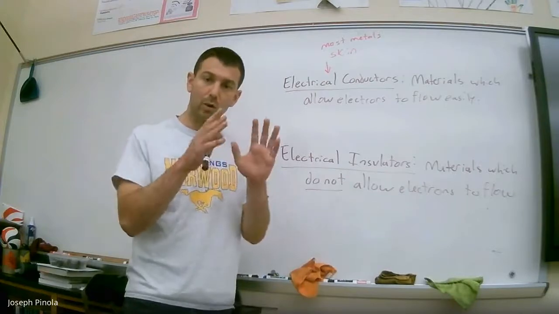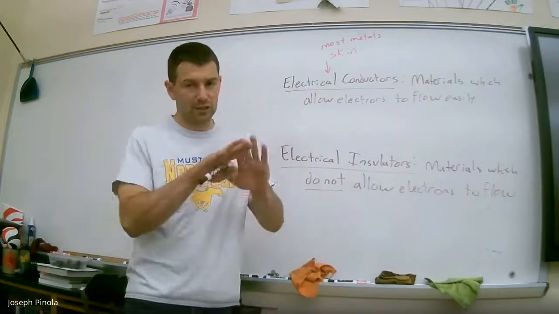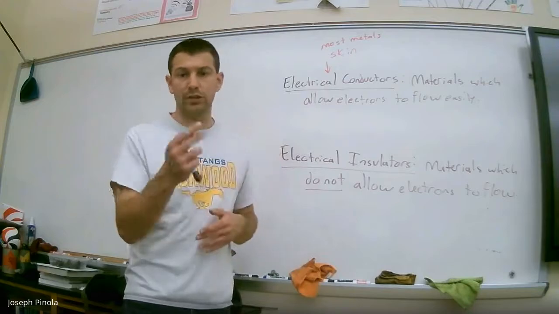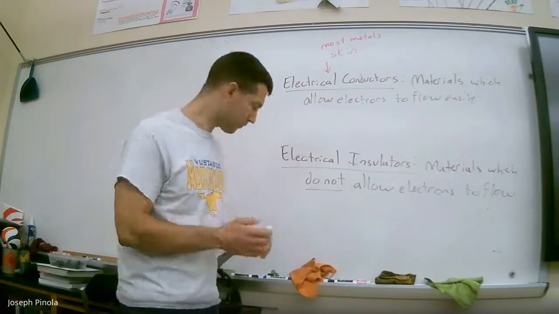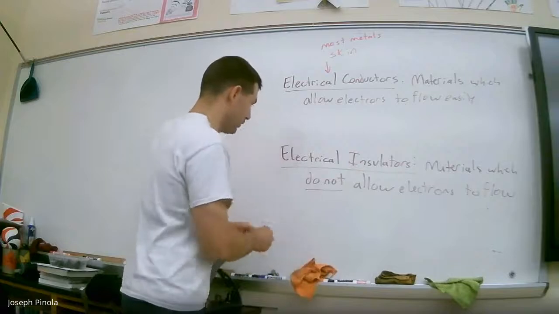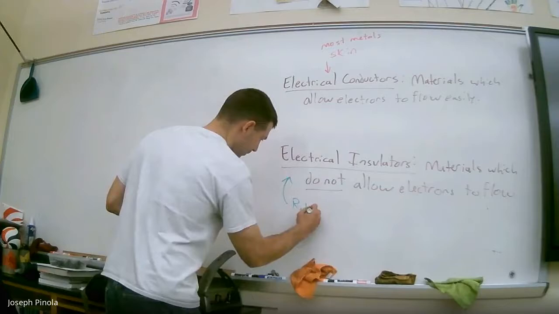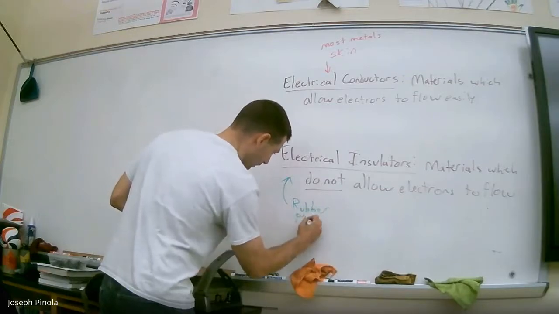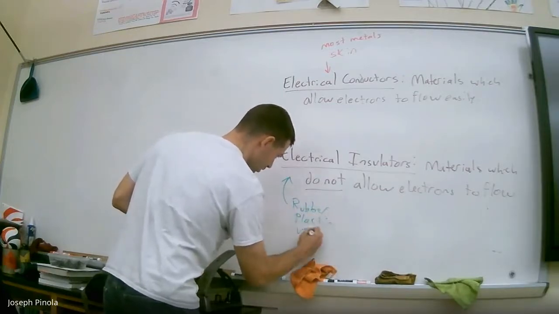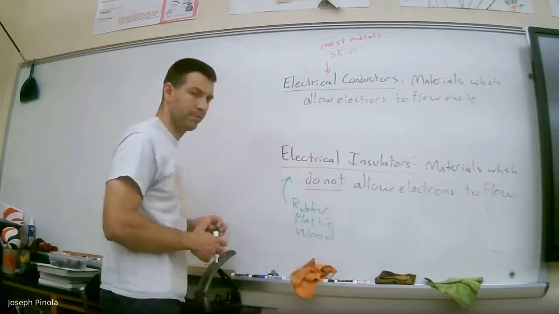And so a wire would need a good electrical insulator on the outside so current doesn't flow into anything else. So some examples of good electrical insulators are rubber or plastic or wood.